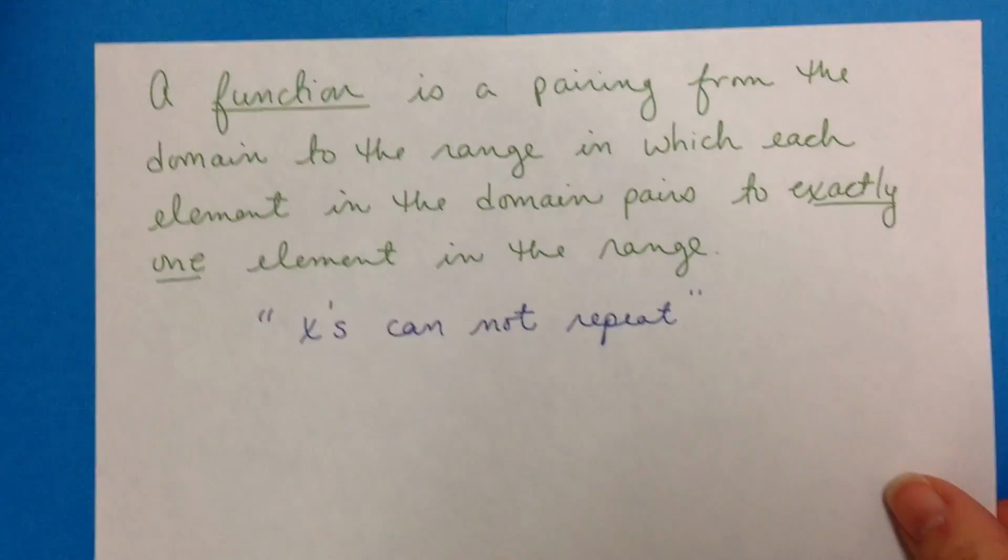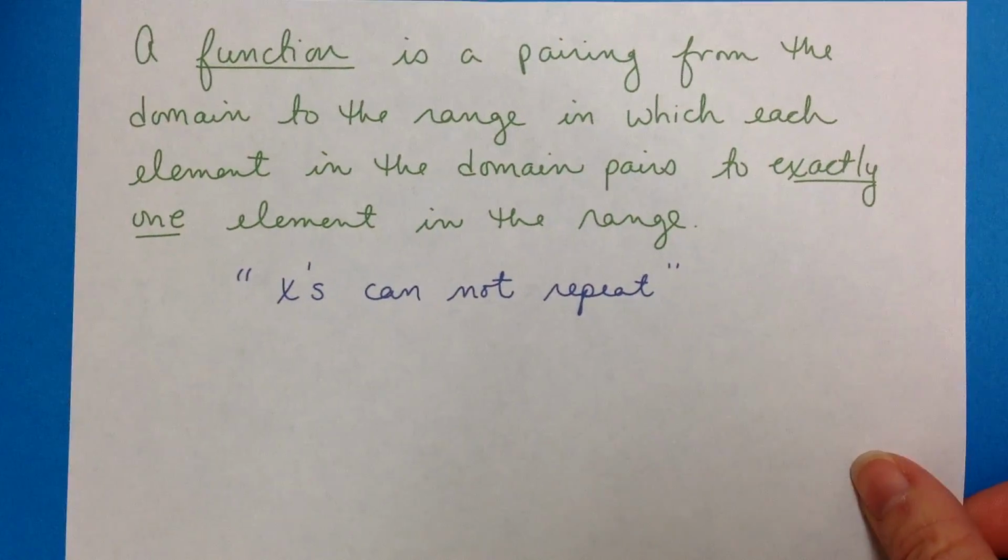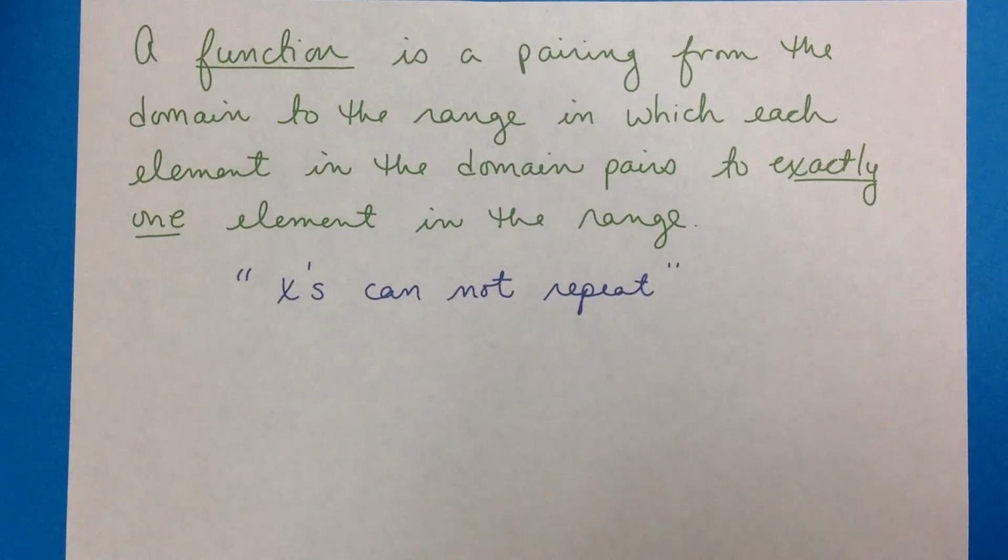Okay, next is the definition of a function. Now, going back to the note that I just had up there about a relation, as it says, it is a set of all ordered pairs, but only certain relations are functions. So a function has a little bit more detail to it.